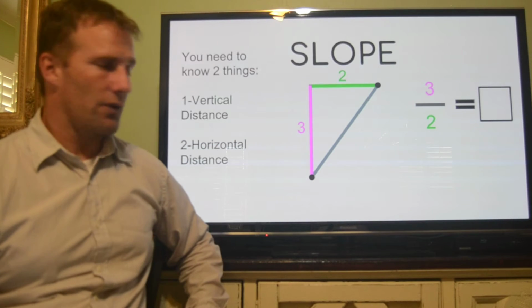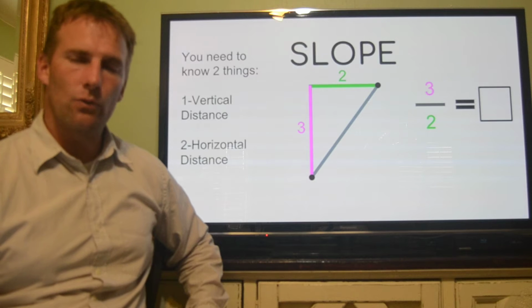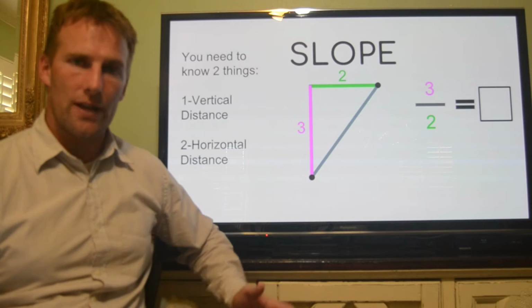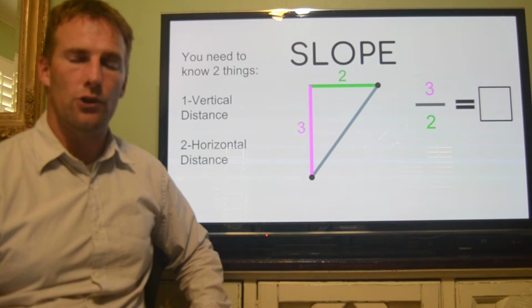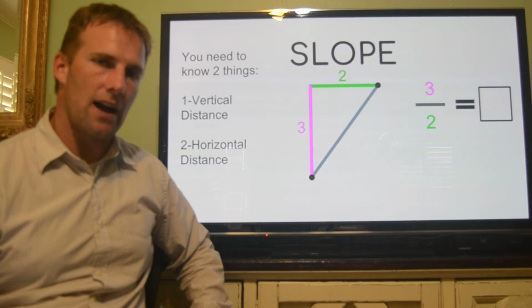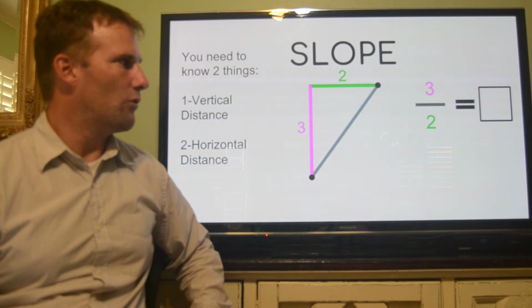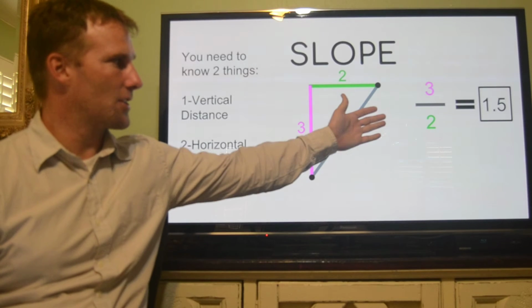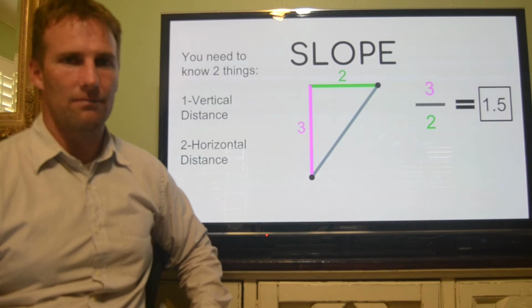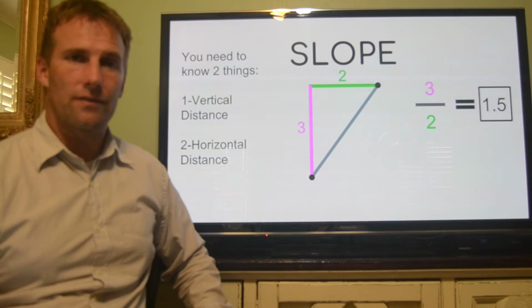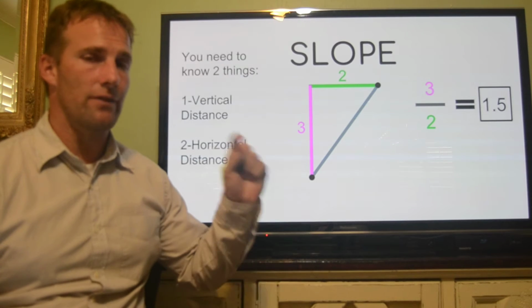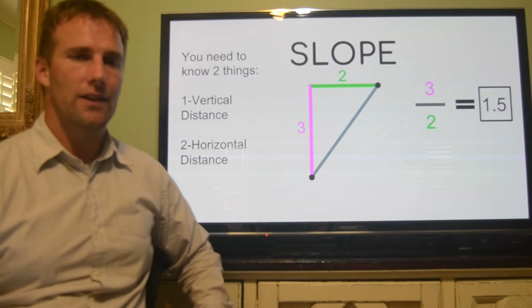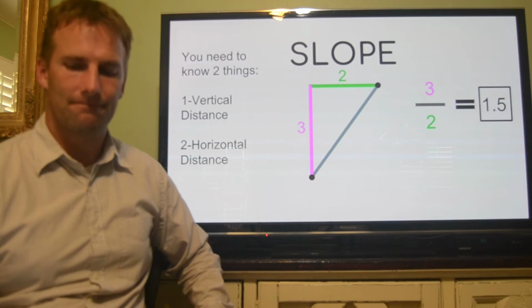So you take 3 divided by 2, and if you wanted to leave your answer as a fraction, you would have your slope of 3/2, or 3 over 2. If you actually divide, you would get your slope of 1.5. So we have our answer in fraction form and in decimal form. That's the process of calculating slope. So as long as you have your vertical distance and horizontal distance, you can calculate the slope of any line.